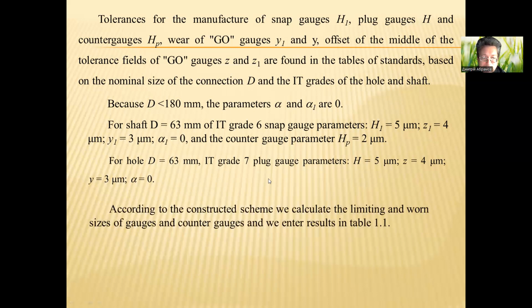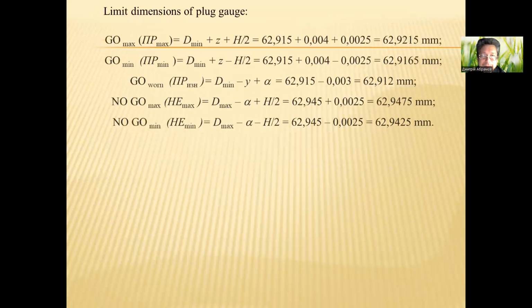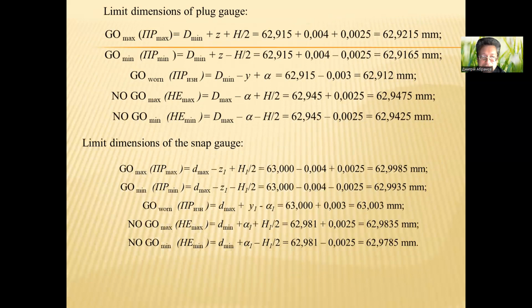According to the constructed scheme, we calculate the limiting and worn sizes of gauges and contour gauges, and we enter results in table 1.1. Write down to your notes these formulas to determine the dimensions of plug gauges and limit dimensions of the snap gauge.